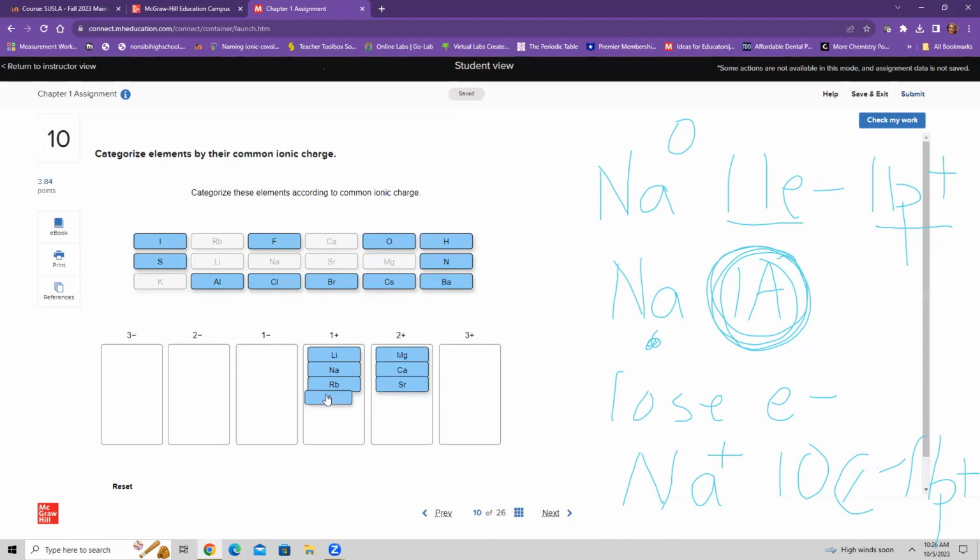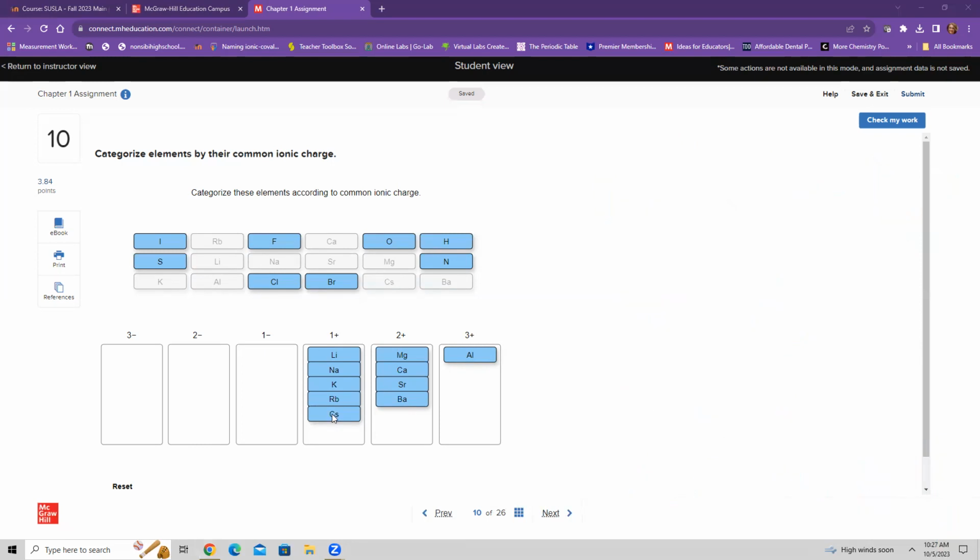Potassium is a +1. We didn't talk about aluminum, but aluminum is in 3A and it is a metal, so it goes in 3+. And barium is a 2+. And cesium, the last one of these, goes in here.